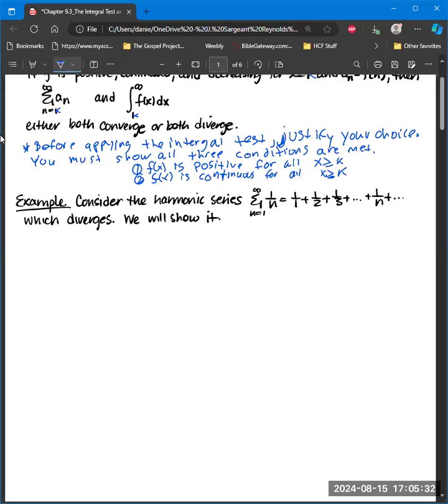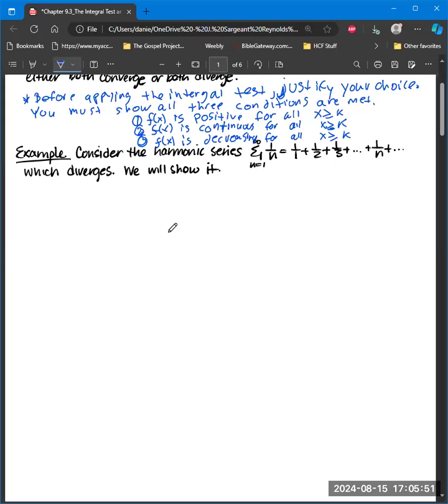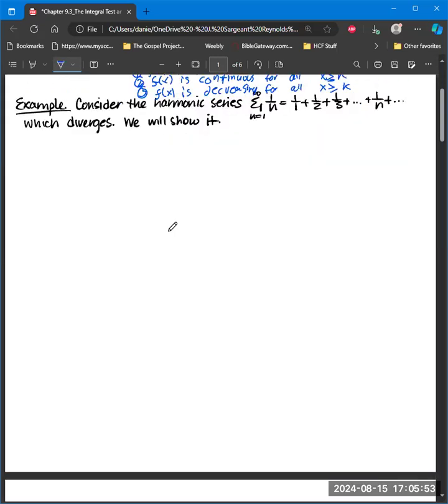And 3, f of x is decreasing for all x greater than or equal to k. You must show all three things. If you don't show those things, you're not allowed to jump in and just start using the integral test.